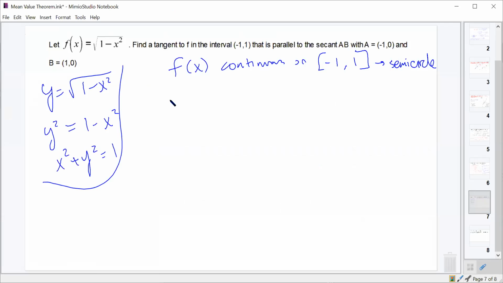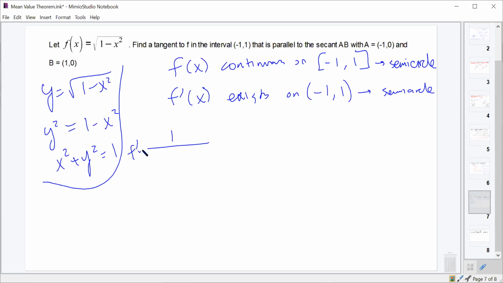And just by looking at the graph, we should know that f prime of x exists on the open interval -1 to 1, because there weren't any corners, cusps, vertical tangent lines, or discontinuities. We could say basically for the same reason, but we could also just take the derivative to see that.